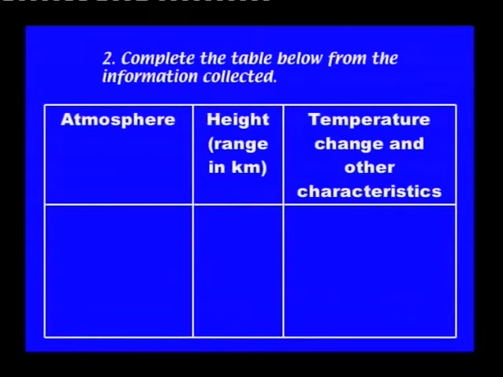If I ask you the question, where do the mesosphere and the thermosphere come in? You need to check now on the worksheet and check on what you have collected. Check on the board also.